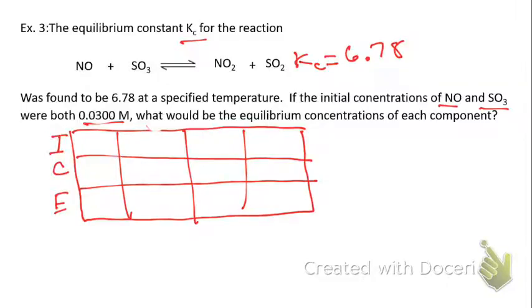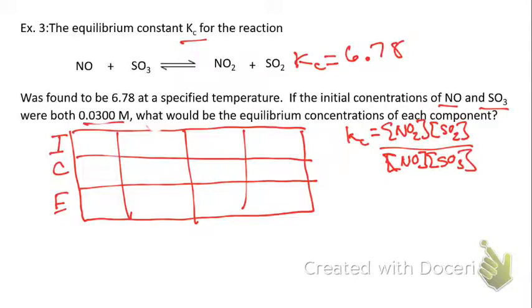The equilibrium expression, Kc, is equal to NO2 over SO2 over NO times SO3. Everything's to the first power because all the coefficients are 1.